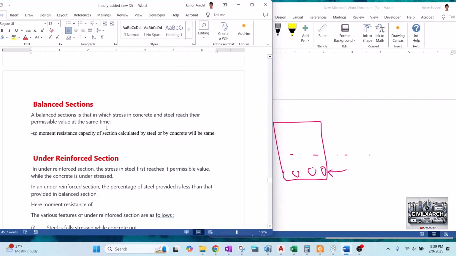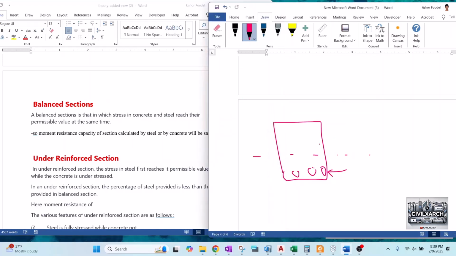So in a balanced section, as the definition says, concrete and steel reach their permissible limit, which means this is the neutral axis and the upper part will be in compression, and the portion below the neutral axis will be in tension. We know that every material has its own permissible value, and here the upper part is concrete and the lower part is reinforcement steel.